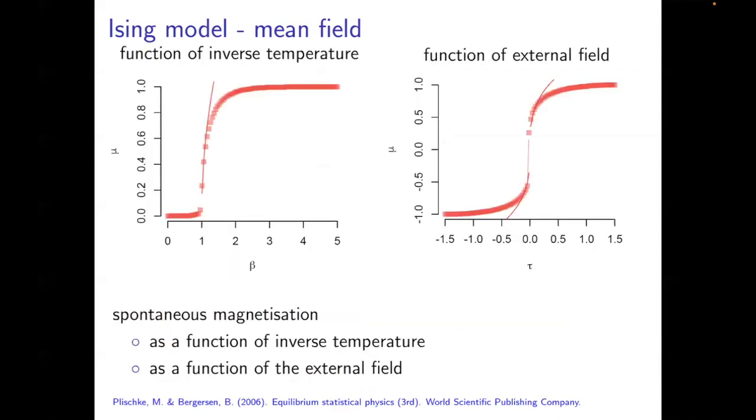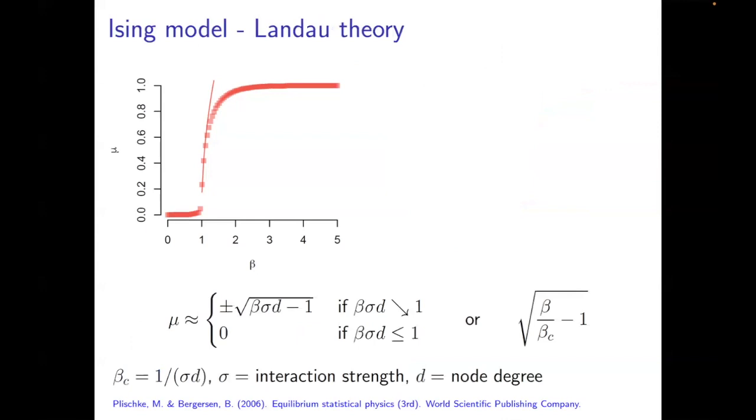And then you get pictures like this, where you get the spontaneous magnetization as a function of the inverse temperature. So it's warm here and it's cold here. And you see it increase, and the continuous line is the prediction from the mean field, or actually the prediction that you get from the Landau theory of the mean field.